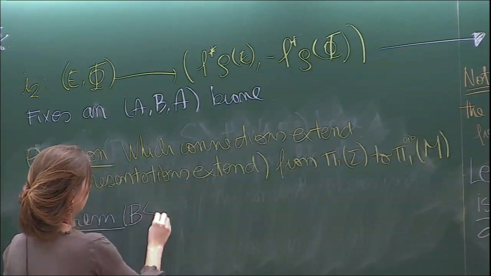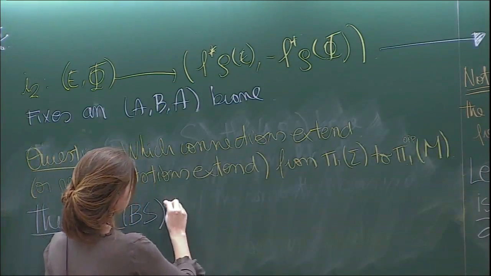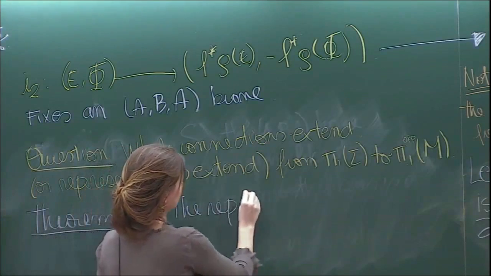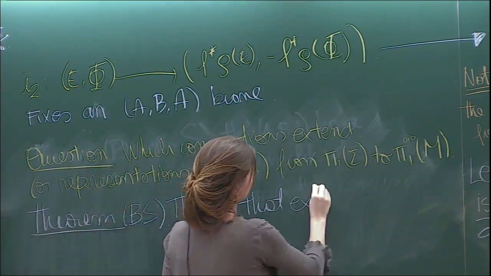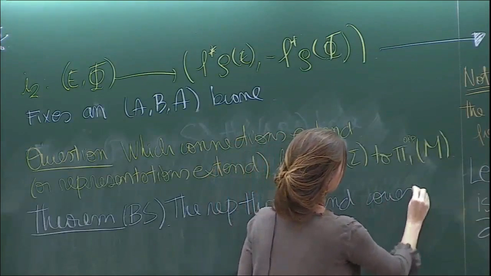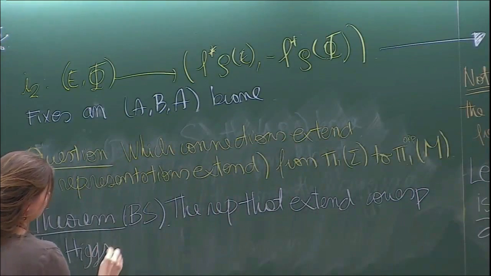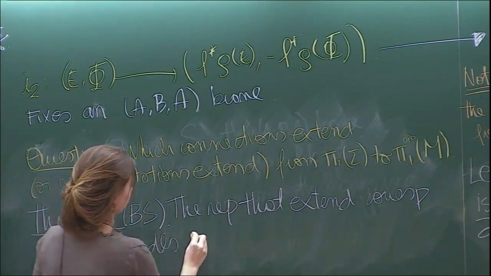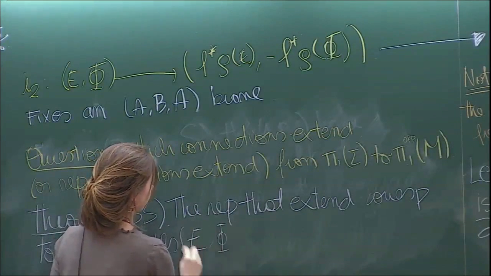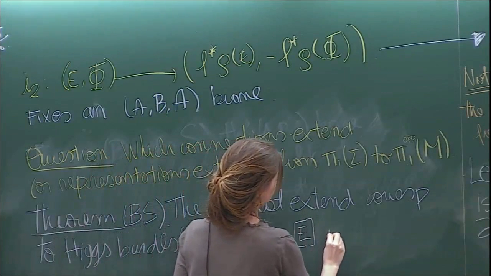So the theorem, with David Baraglia, is that the representations that extend are, or correspond to, Higgs bundles (E, phi) such that the class of E is trivial.